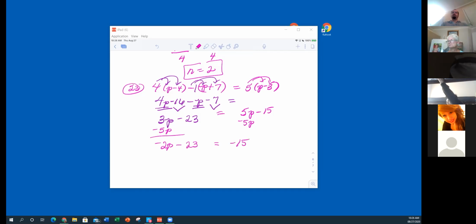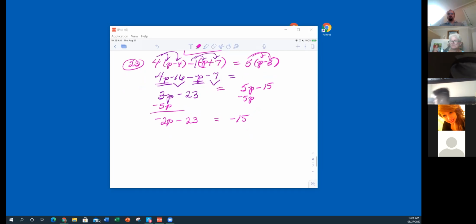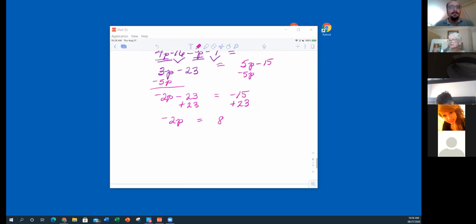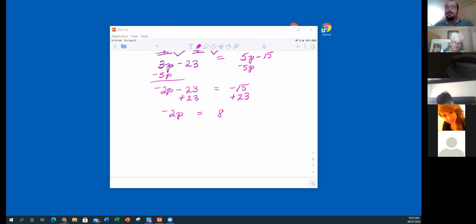And now what? Well, we can add 23 to each side, because we want to get the constants on the right. These have opposite signs, so I'm going to subtract: 23 minus 15 is 8. And because the bigger numeral is positive, it's positive 8. And then I'm going to divide both sides by negative 2.